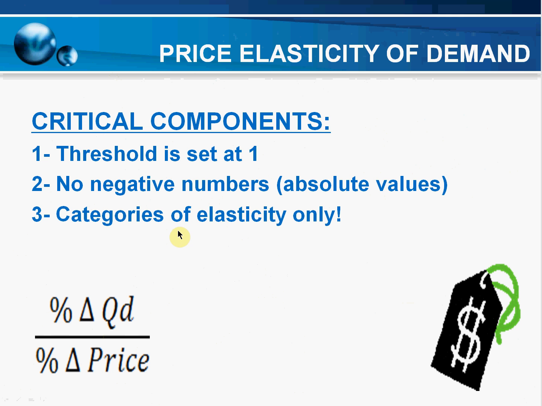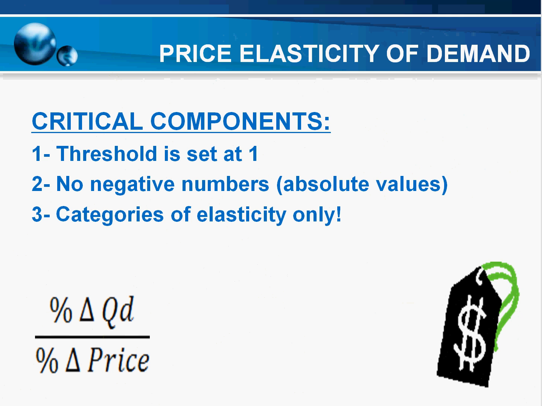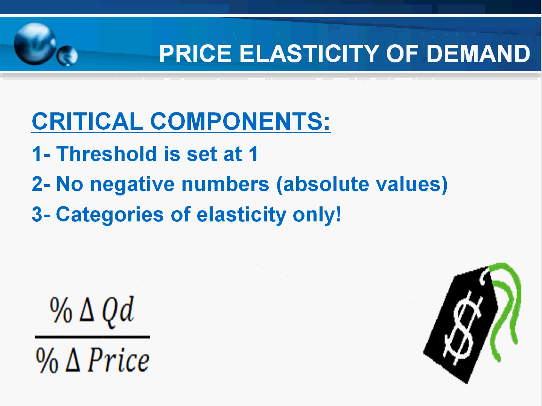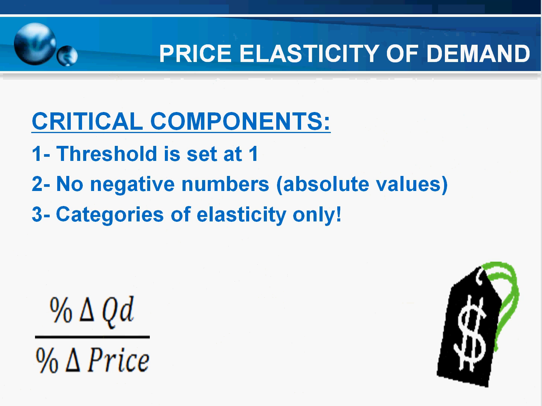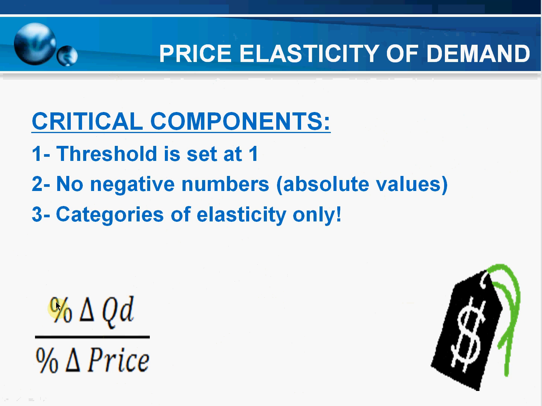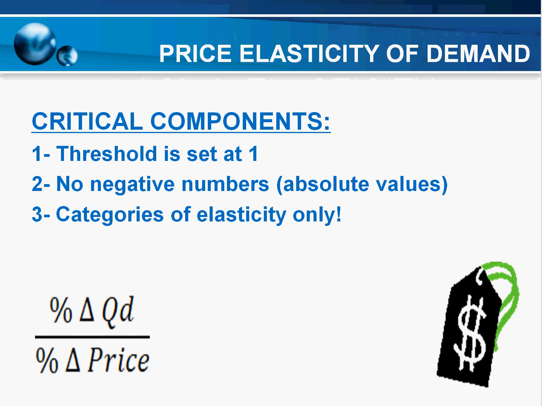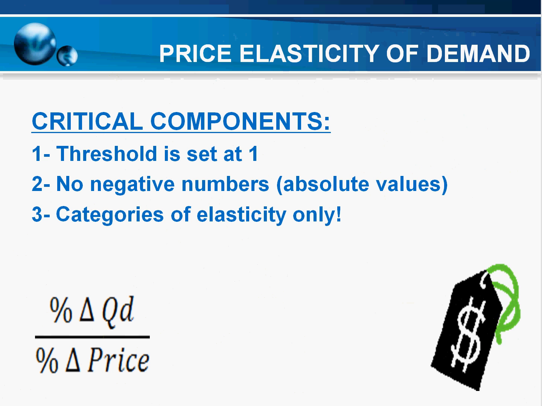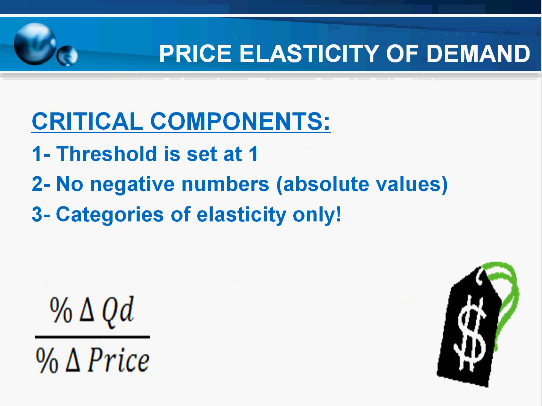Categories of elasticity only. This means that we're only looking at whether or not a product is elastic, inelastic, or unit elastic. In regards to elasticity, we are not asking the question of what degree of elasticity is accomplished. For example, if we have a situation in which price elasticity of demand results in a coefficient of 1.5, categorically we place this product into the same bin as we would if the price elasticity of demand equation were to result in a coefficient of 100.